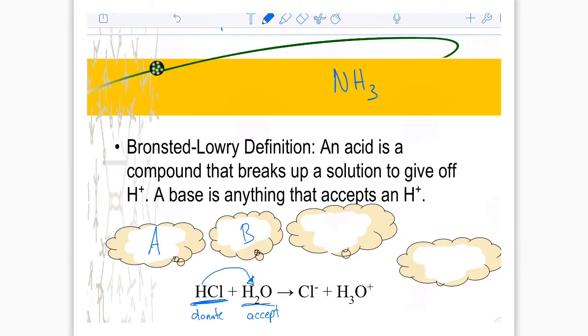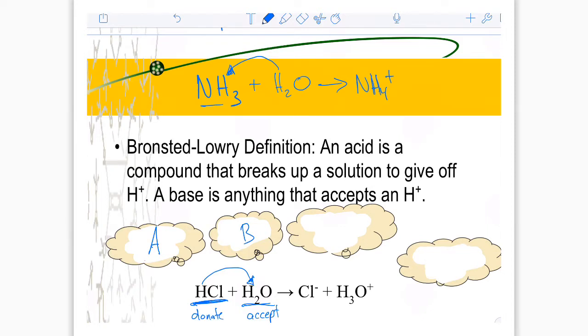Now, if we look at something like NH3, we can see the same type of reaction happening here. Let's go ahead and add this to water, right? We know that this is a base already, so it's going to accept hydrogens. So what's going to happen here? This H is going to come over, and what are we going to get? You are going to all of a sudden have the NH4+, which we should recognize as the ammonium ion.